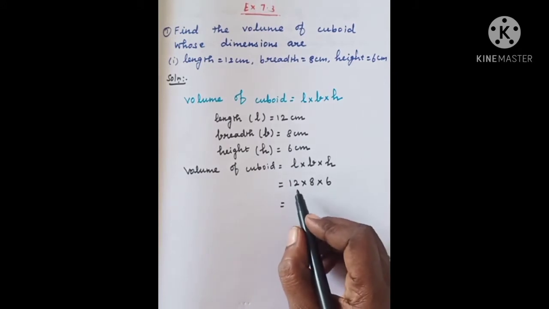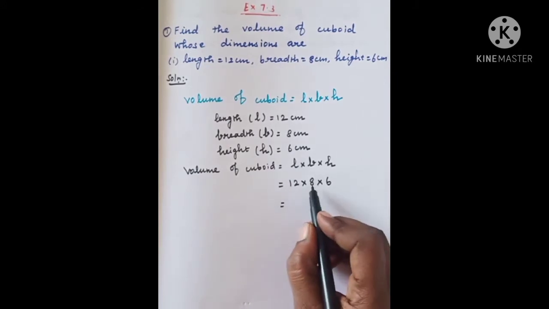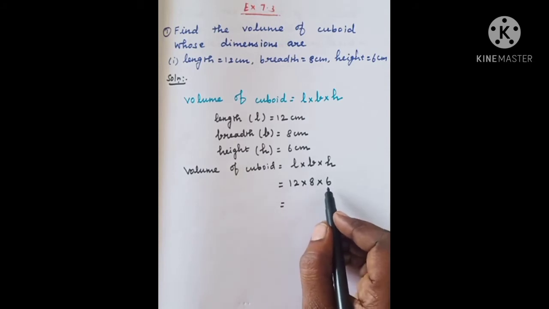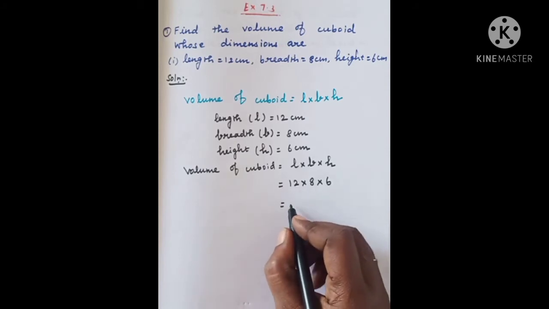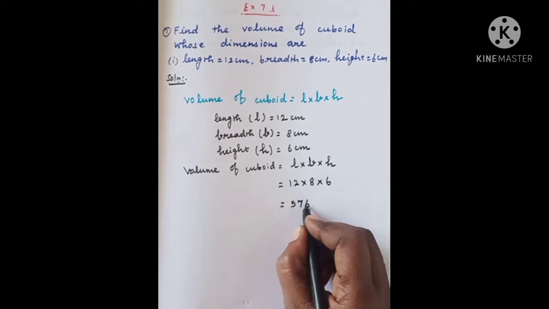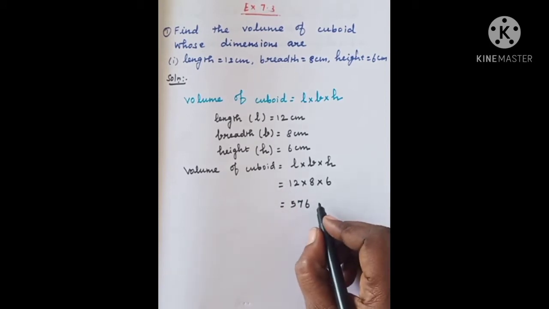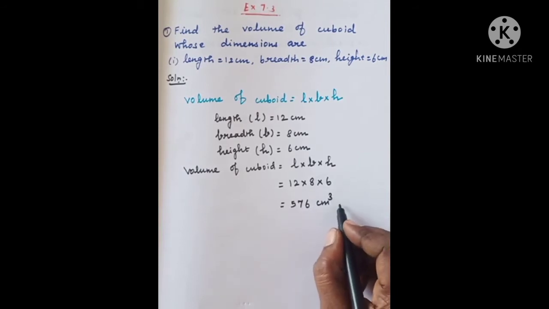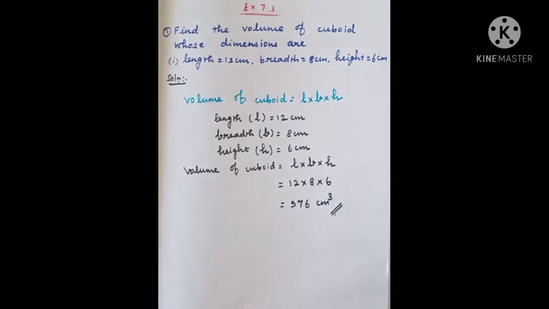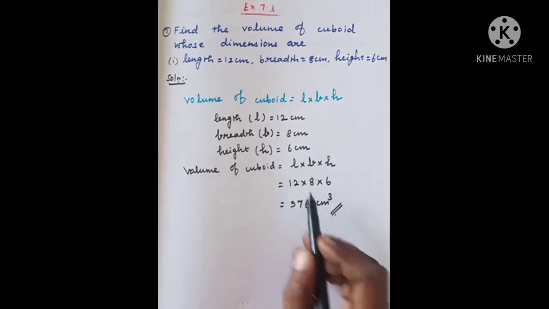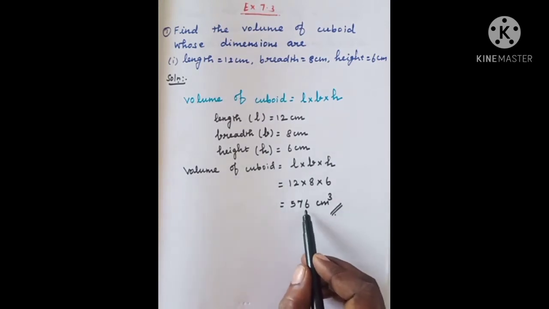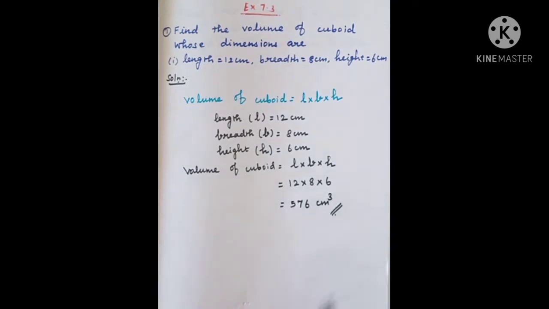So now we have to multiply the numbers 12, 8 and 6. 12 into 8 into 6. So the answer is 576 centimeter cube. So this is the answer for the first sum. The volume of cuboid is equal to 576 centimeter cube.